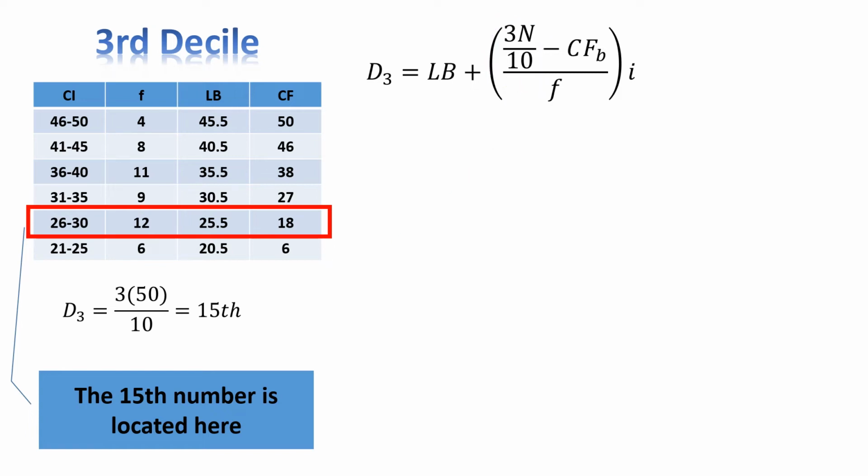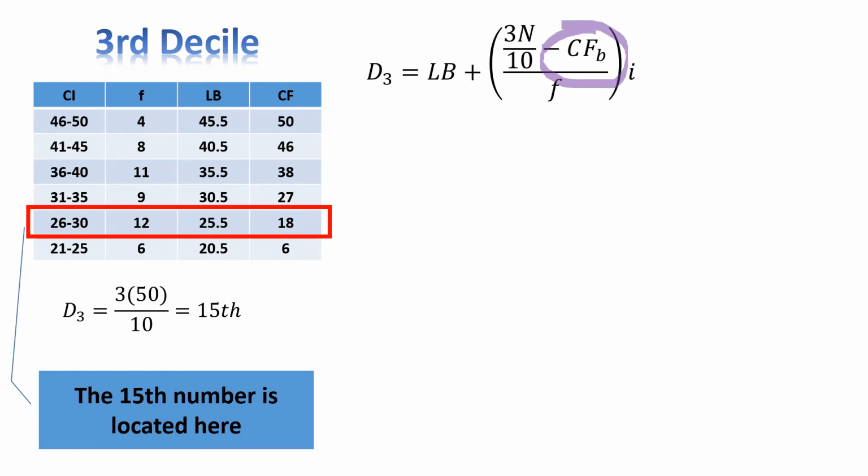And then, saan ko kukunin yung lower boundary? Dito, kung saan tayo nag-interpolate, 25.5. Then, where can I get the frequency? So, yung frequency ay dito, 12. Eh, saan naman makukuha yung cumulative frequency below? Diba dito ka nag-i-interpolate? Kunin mo yung nasa baba kasi nga below siya. So, it's 6.